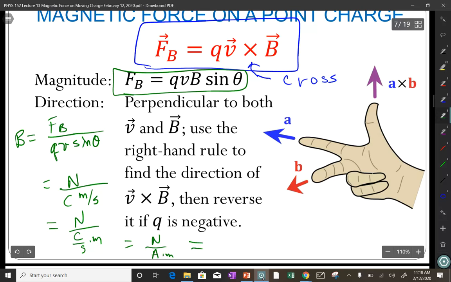These are all defined as the Tesla. So the standard unit for magnetic field, just like we had Newton for force, joule for energy, is the Tesla, with 1 Tesla being 1 Newton per amp meter. And you notice we don't write mA, because if you put mA, it'd be milliamp.